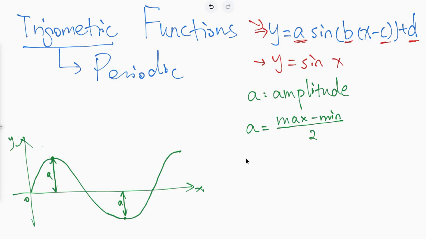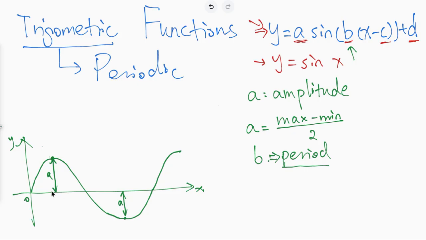The second one we're going to explore is B. Sometimes we use B to find the period, but B itself is not the period. The period is how much time or how much distance the graph takes to complete one full revolution.